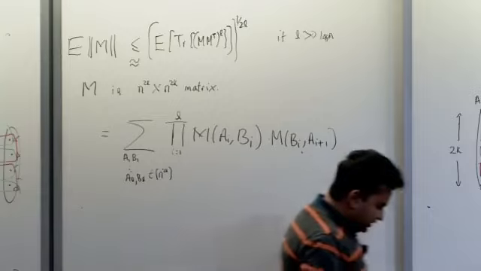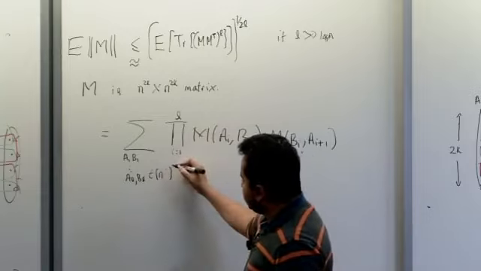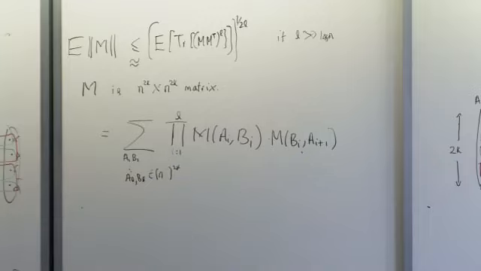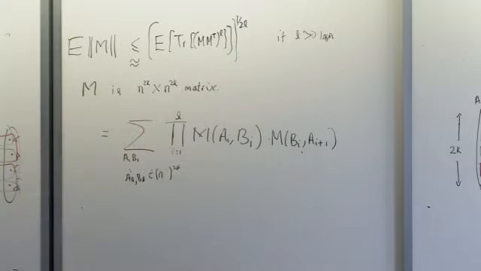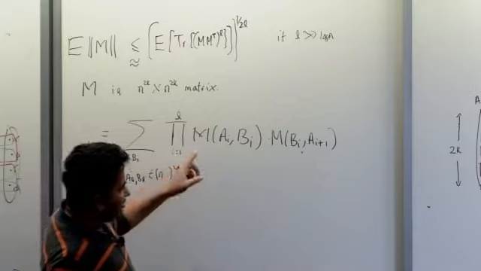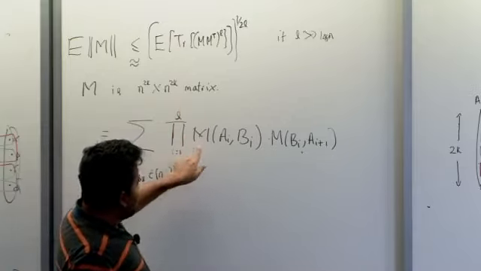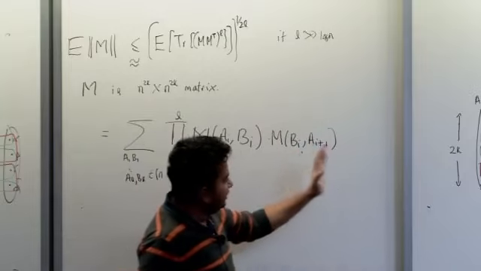The trace is going to be the sum over all possible cycles of length L inside this matrix. A length L cycle in MM transpose is a product of L terms like M A_i, B_i, A_{i+1}.